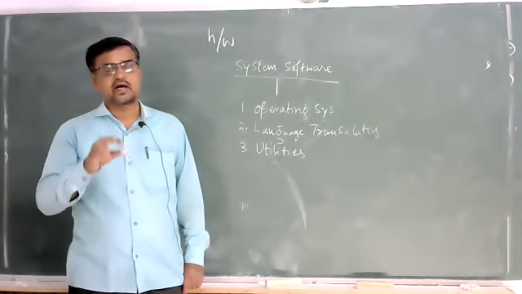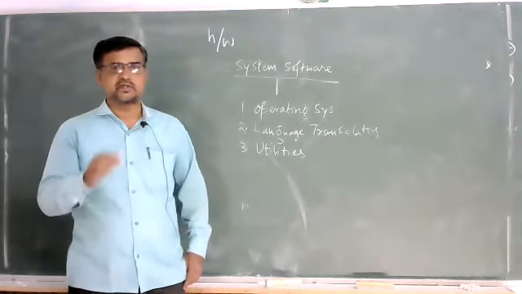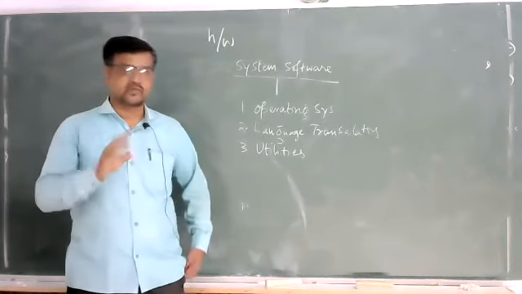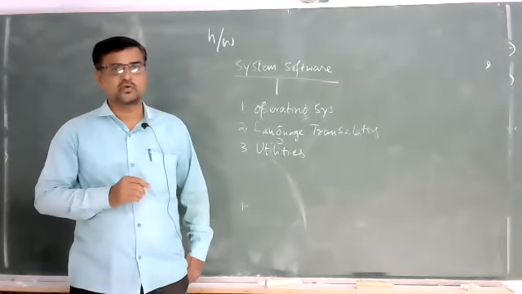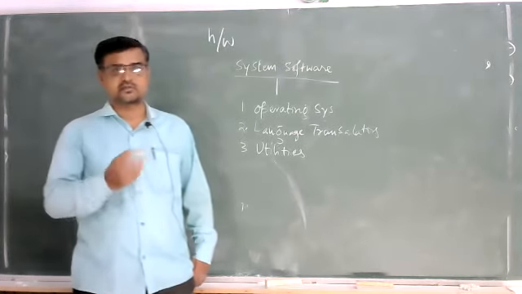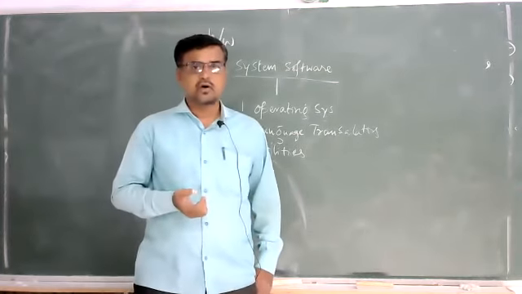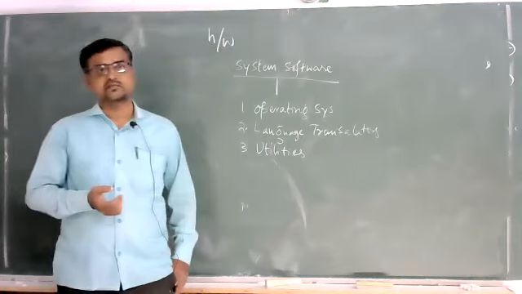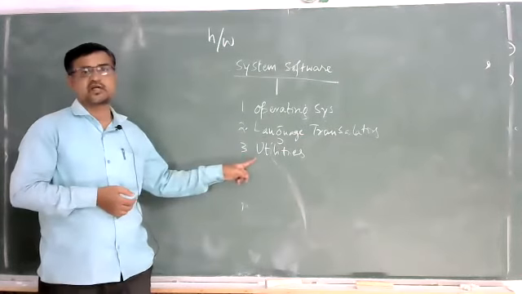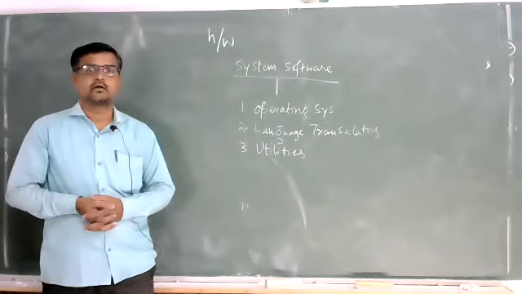We have programs written to interact with the machine. Say I want to set the time of the system, the regional settings of the system time; that is a part of the operating system. Right now, in some devices, it has become a part of utilities.